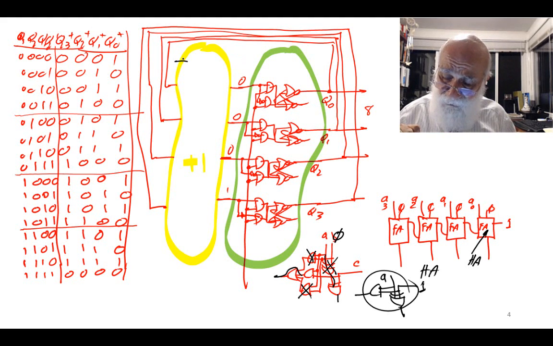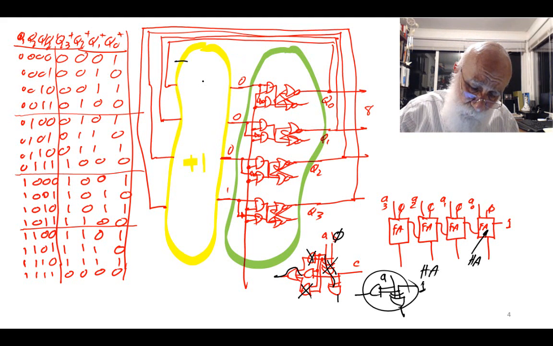For now I am not touching it, and then I have this XOR.